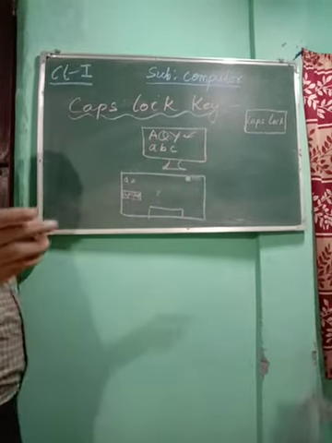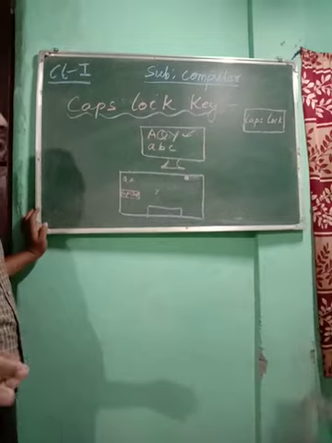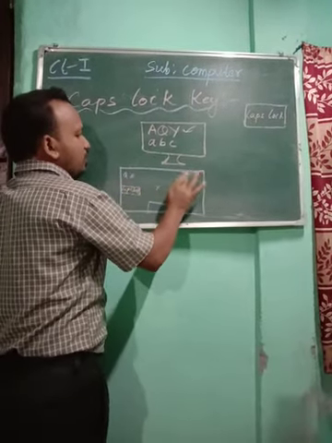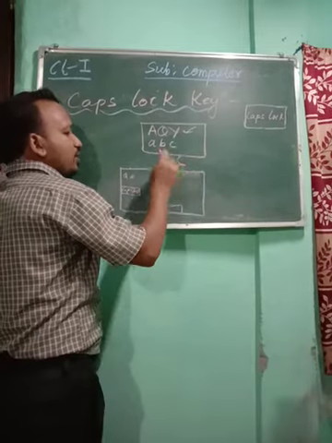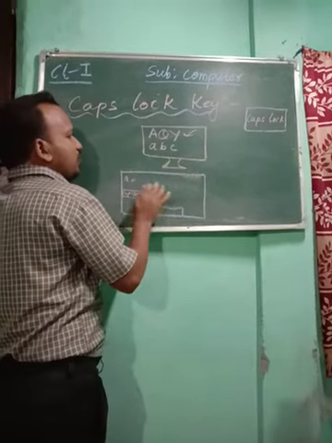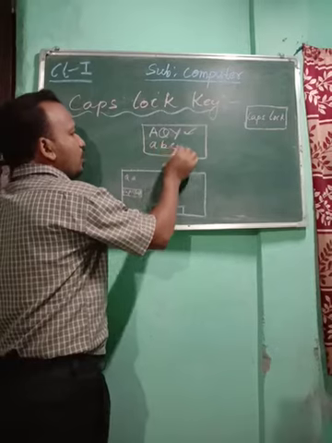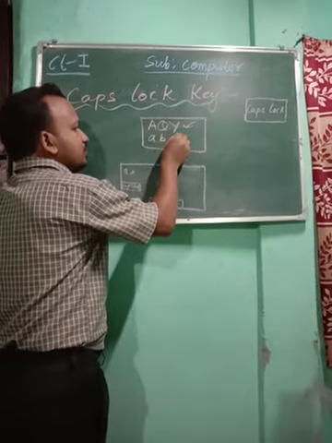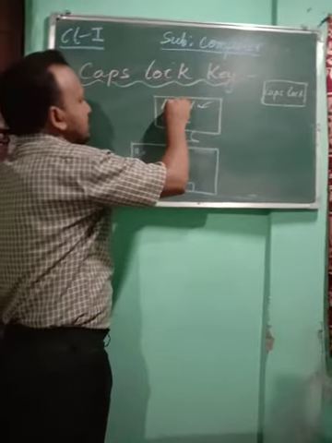Now if you want to write small letters, what will you do? You will press the cap lock key, so your light will be off. When there is no light, at that time when you type, it will come in small letters.